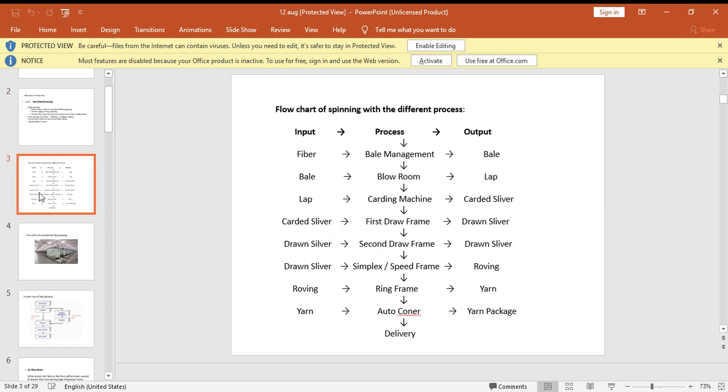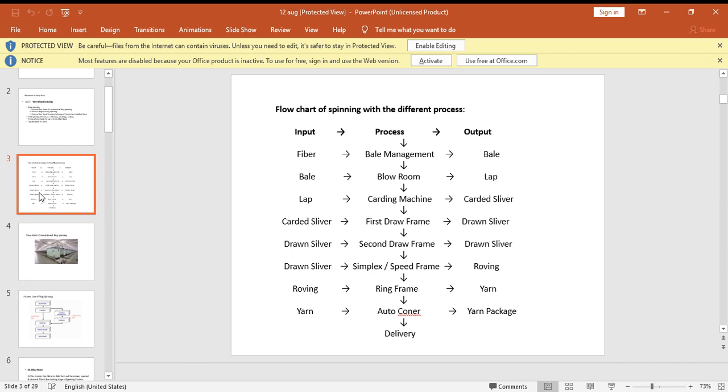So this is the flowchart of spinning. That means what the input is, what the process is, and what the output is. The input is fiber, the process is bale management, and the output is bale.